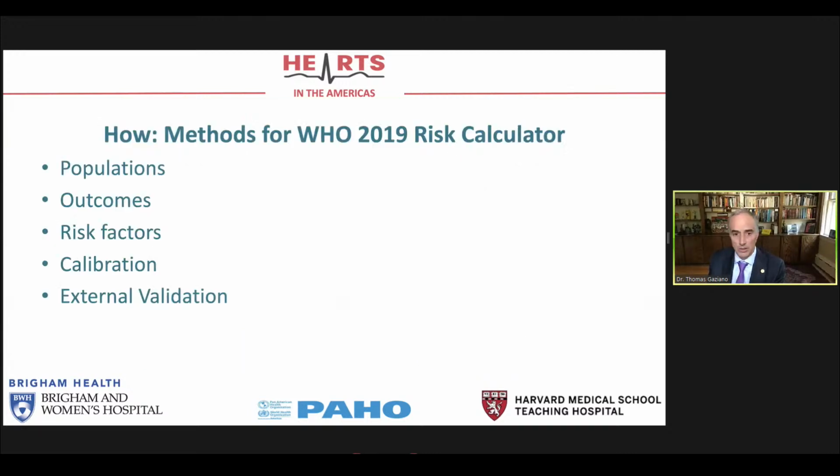Now we're going to turn to the question of how to identify people at high risk. These are the methods that were used for the 2019 risk calculator by the WHO. First, we'll describe the populations used for the risk calculation development, the outcomes measured, the risk factors used for the calculation, the calibration efforts, and then the external validation of the model.